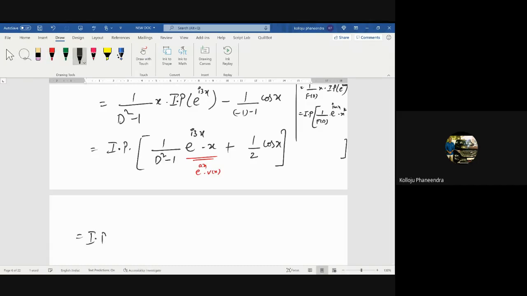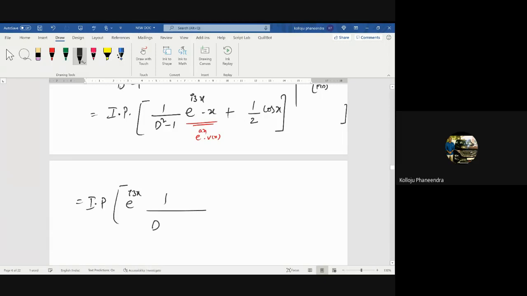What do I have to do? Imaginary part of 1 by, first I have to operate e power ax. How to operate? Replace d by d plus a. That is, the a value is what? 3i. Plus 1 by 2 cosine x.